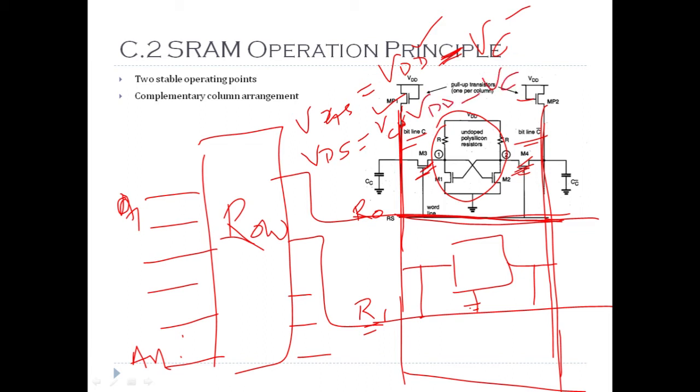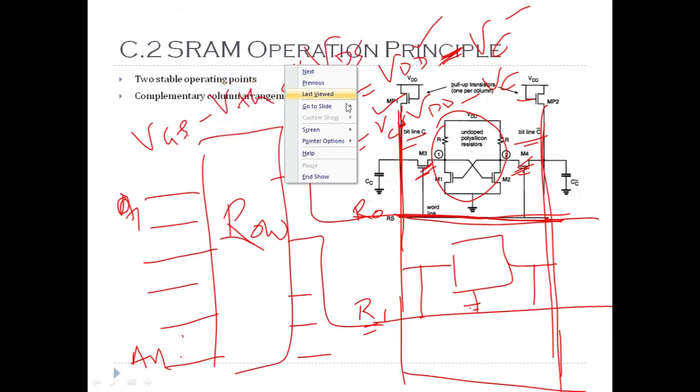So VGS minus VTH is always smaller than VDS. So these pull-up transistors are always in saturation.